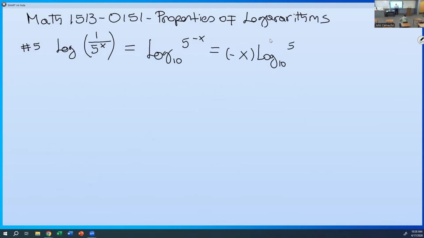And that will be the answer. And that is the power rule. Let's go to the next example.